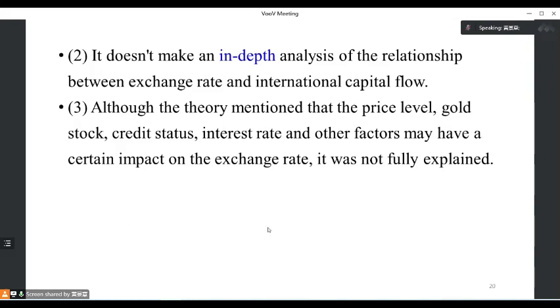And this theory has not fully explained the price level, gold stock, credit status, interest rate, and other factors. How can these factors influence the exchange rate?